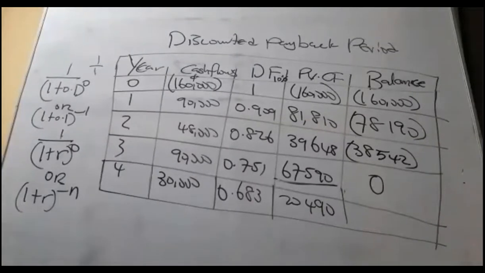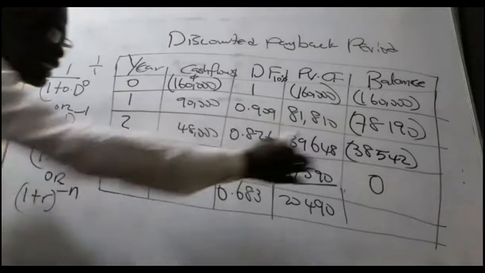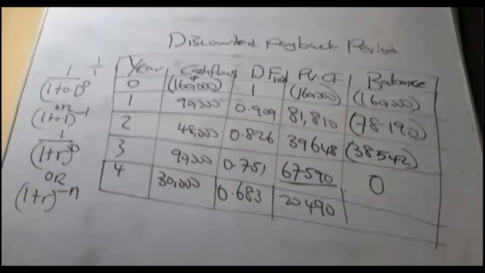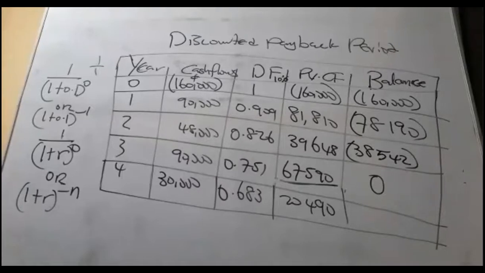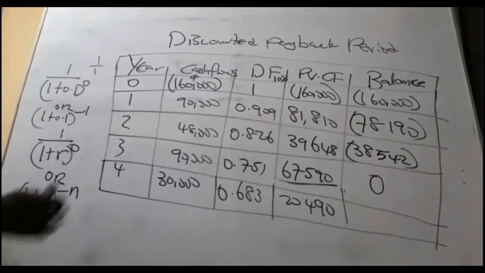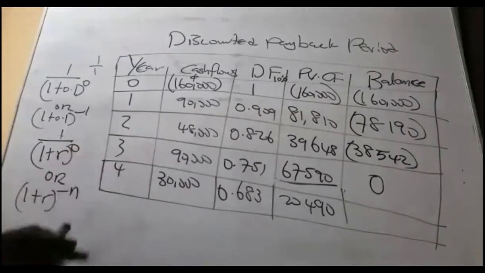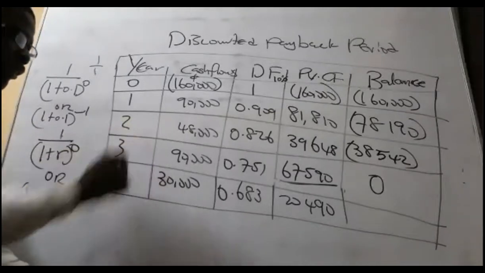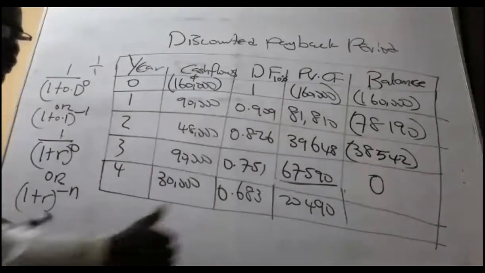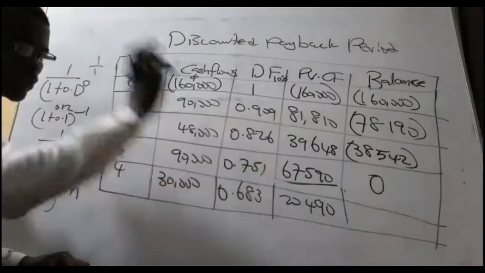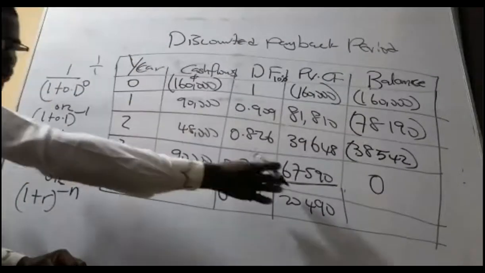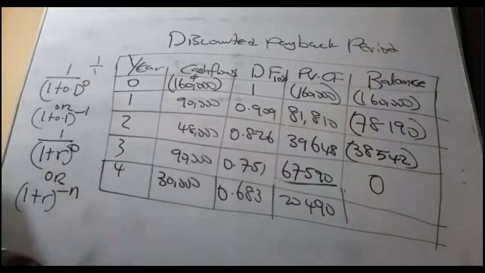Because this year we had more than 38, we cannot say that the payback period is year 3. No, it's not in year 3. It's 2 years and a fraction of year 3. For the whole of year 3, we produce 67. We pick only 38. So let's take the fraction of 38 out of the 67.